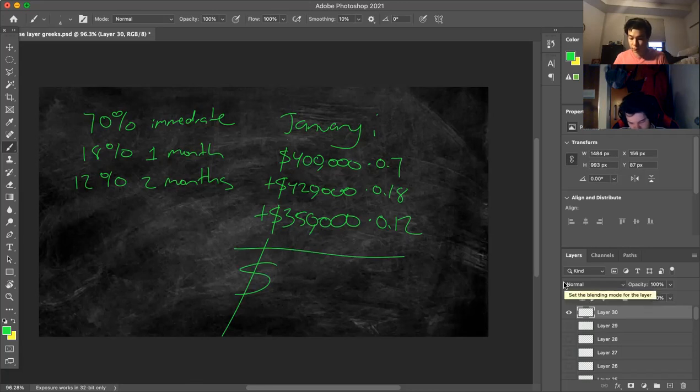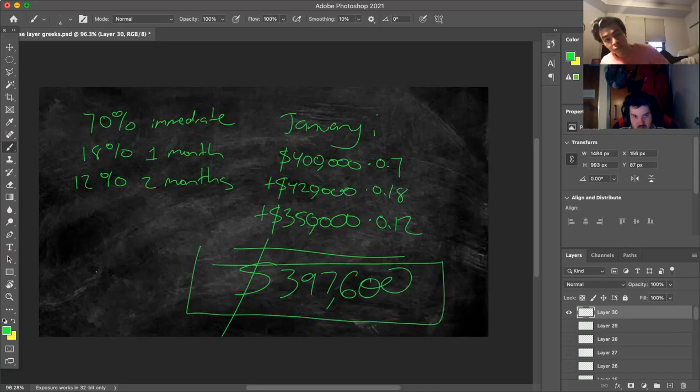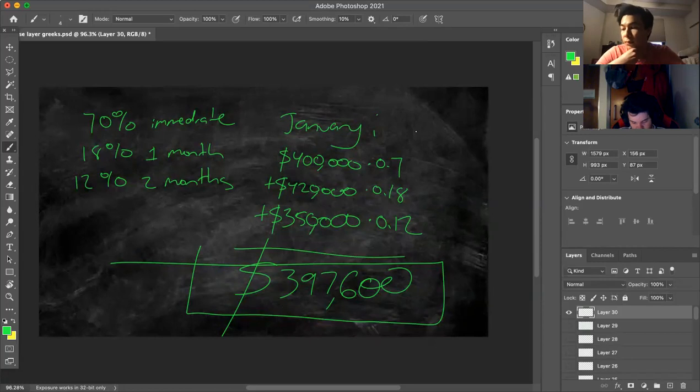My calculator gave me a weird number, with like e to the 10th, so let me fix this. 400,000 times 0.7. 420,000 times 0.18. 350,000 times 0.12. And then you add them up. Yeah, that's what I got.